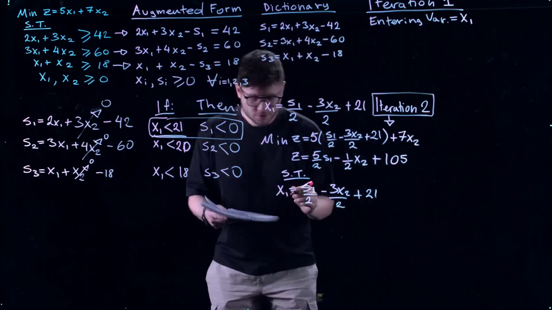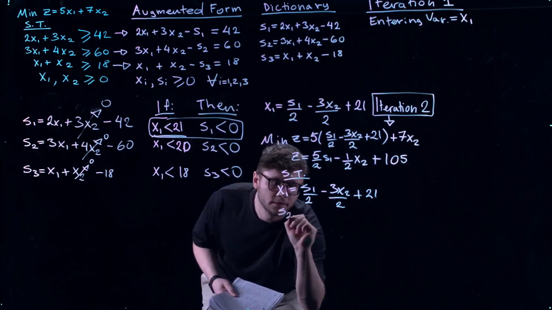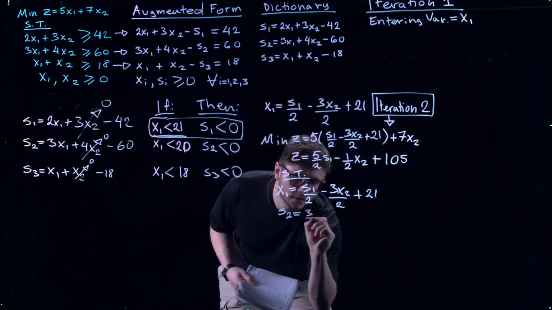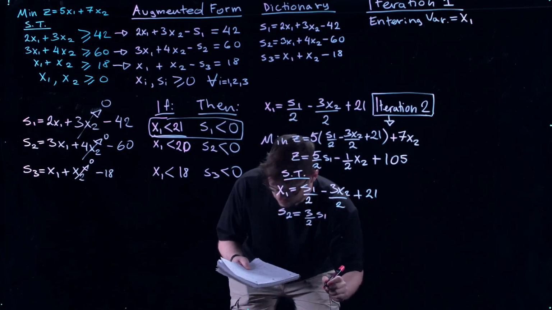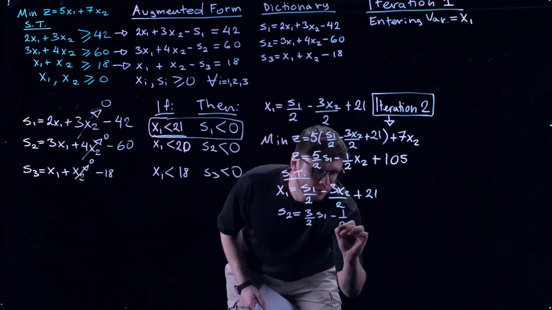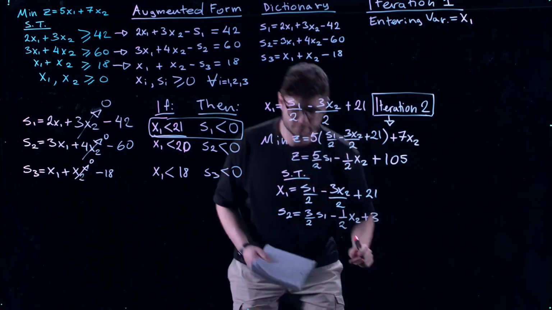So continuing with our constraints, which will become our new dictionary, the one that we're going to use for a second iteration, we're going to have 3 over 2 s1 minus 1 over 2 x2 plus 3.